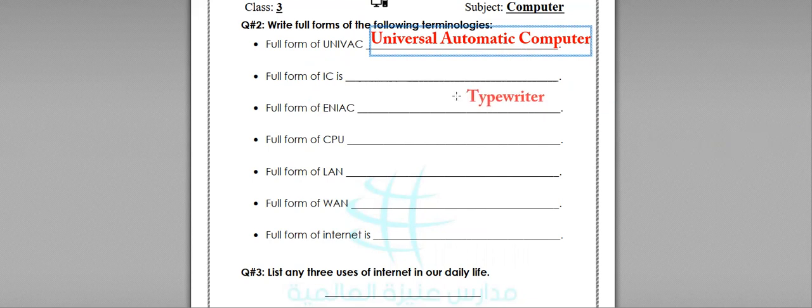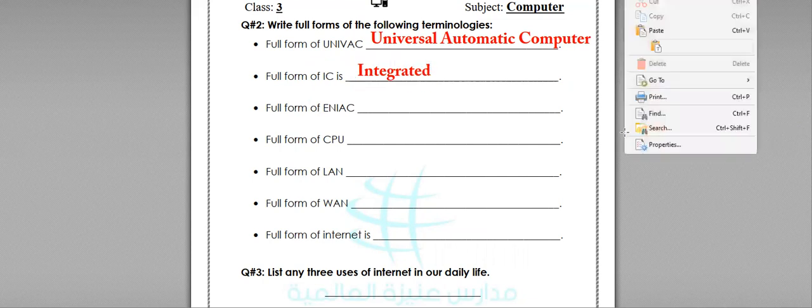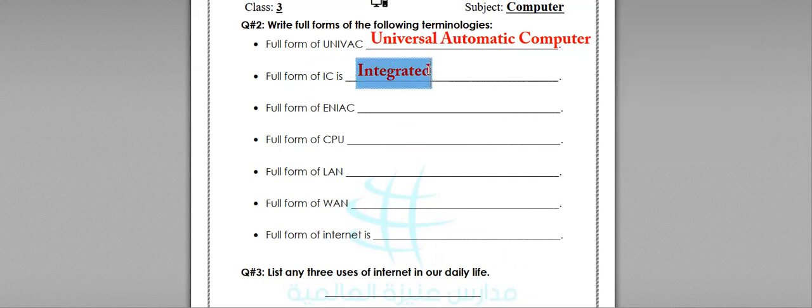Now, the second one, full form of IC. The answer is integrated circuit. So, full form of ENIAC. The full form of ENIAC is electronic, numerical, integrator, and computer.